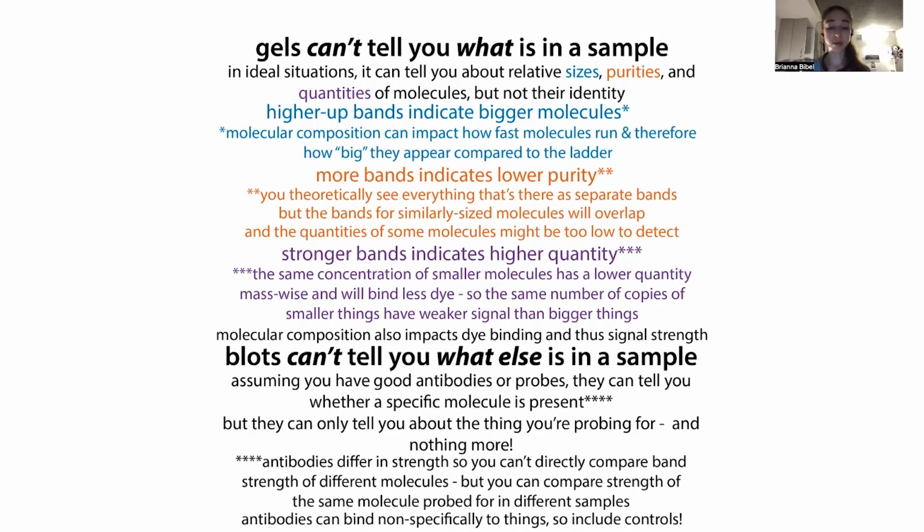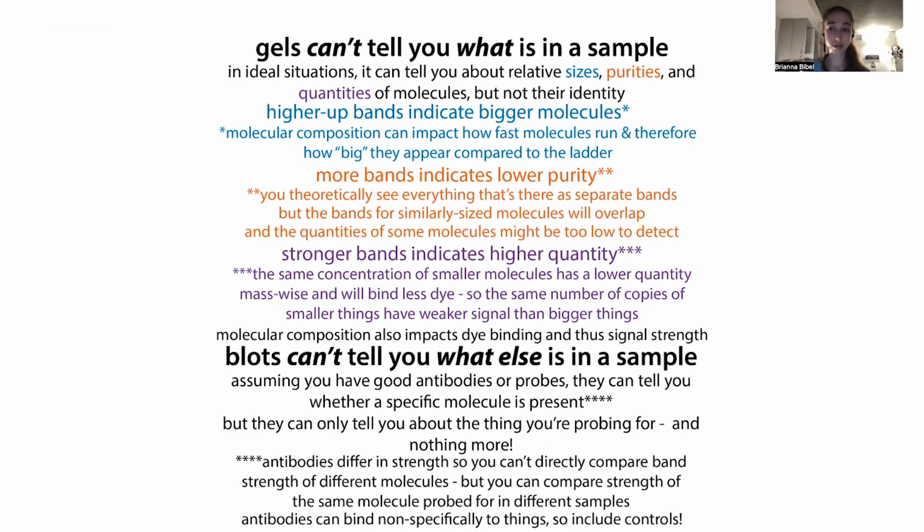When I talk about being able to compare between samples, though, say to see if there's more of a protein made under certain conditions than under other conditions, you need to make sure that you're loading the same total quantity, the same input amount, the same cell volume and things like that, in these different samples.